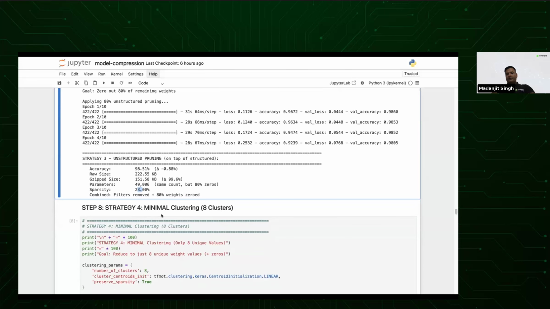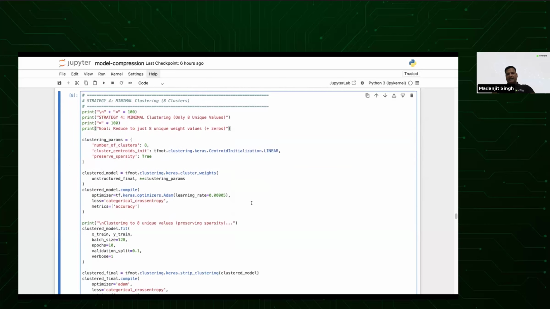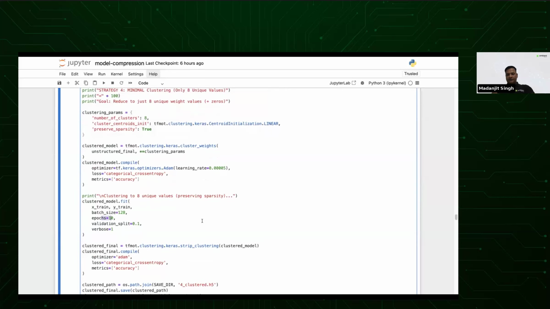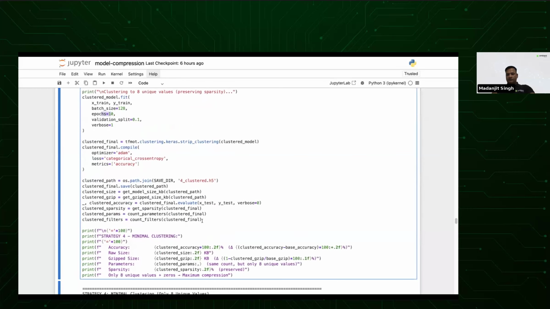Okay. The fourth strategy is clustering. Again, we discussed this. You have to define the K value for the clusters. So we have created 8 clusters, and again I have done fine tuning using 10 epochs on top of the unstructured pruned model.